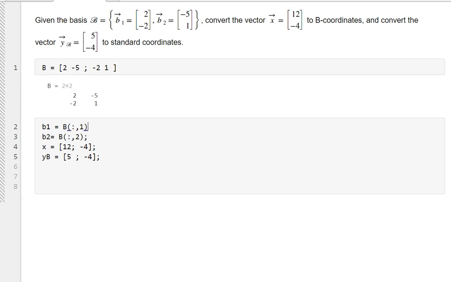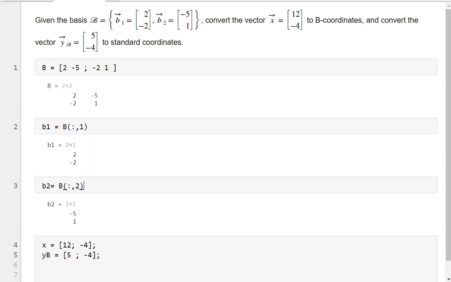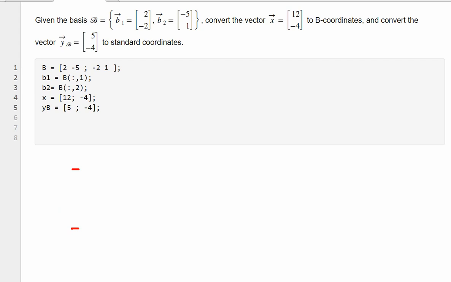And to make everything work, I do have copies of the basis vectors. B1 is this basis vector, and negative 5, 1 is the basis vector right here. So yes, these are my basis vectors, and let's put semicolons after them to keep them from displaying output.